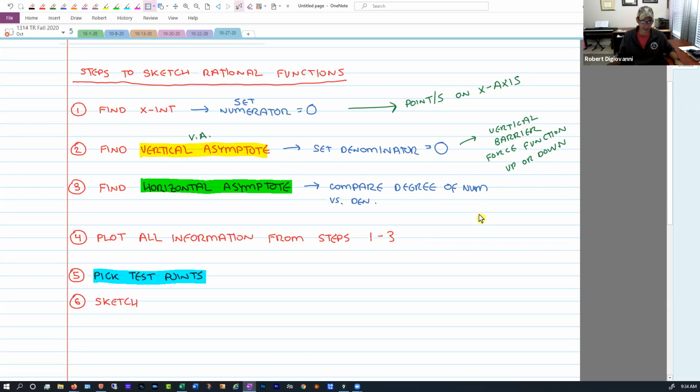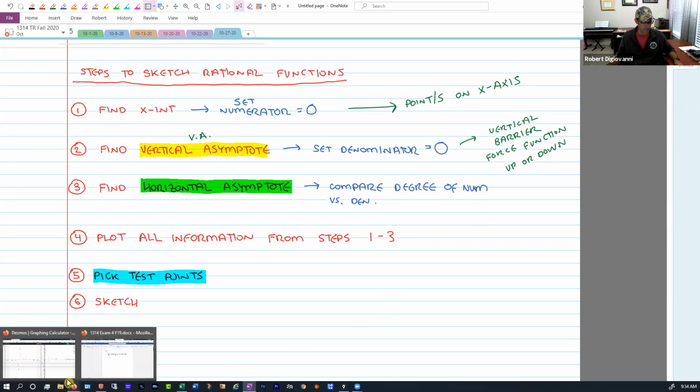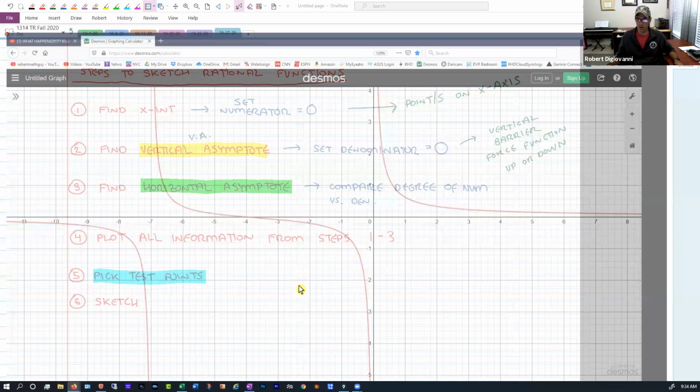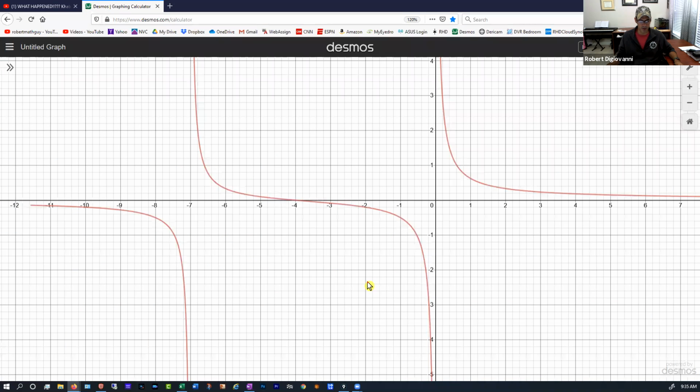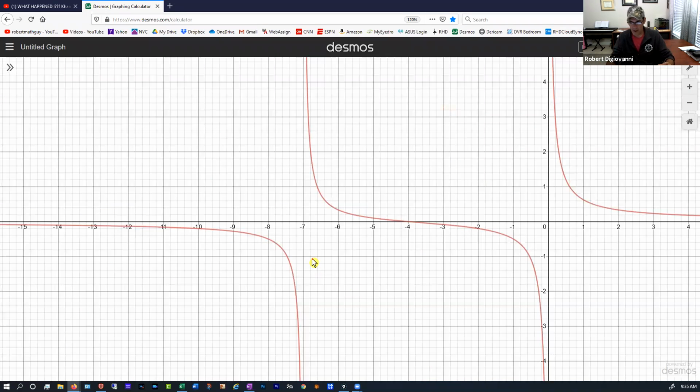Okay, so let me go back to the picture that we had here of that rational function. And what I want you to notice, let me look at this one right here. Right here at the x value of -7. Do you see that? When x is -7, as my graph comes from the left, it kind of dives down and just keeps going down here? But on the right side of -7, the graph is going up. So we have this vertical barrier.